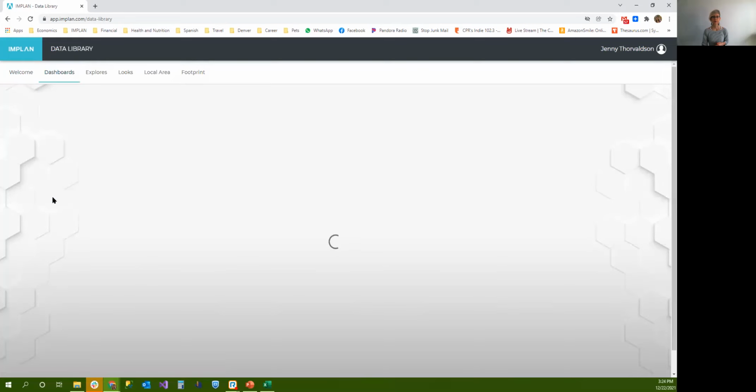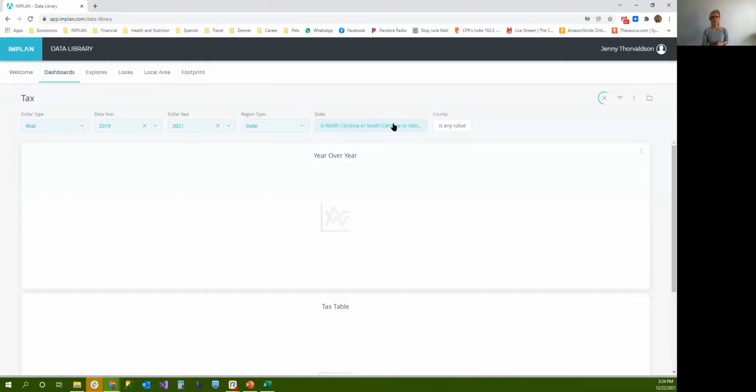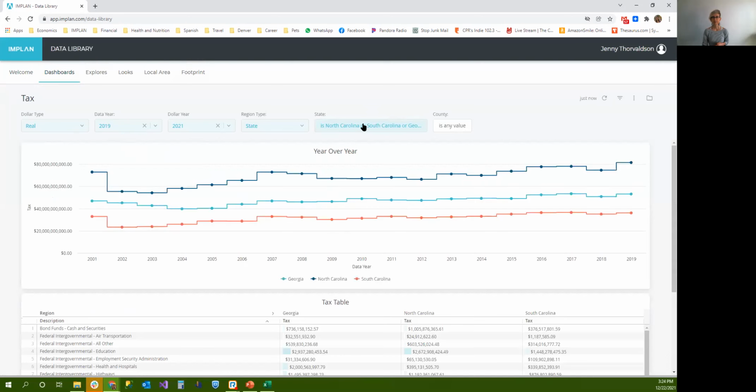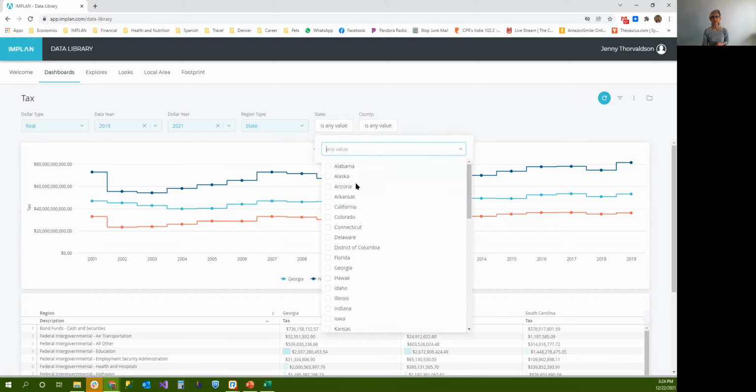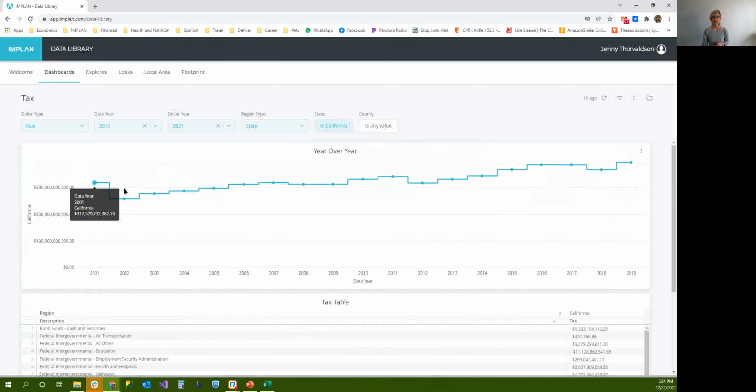You can build your own, but if I go to the pre-built tax ones, there's some default states chosen here and default years, but you can change all of these things. So if I clicked on this, instead of looking at those 3 states, I could put in California and hit run, and there I'm getting California's taxes over time. And there's tables below with more details, and you can do all kinds of things with filtering here.